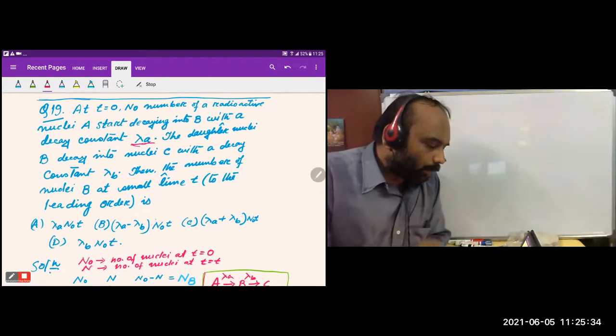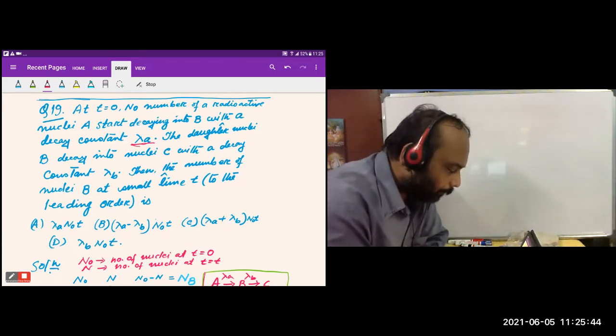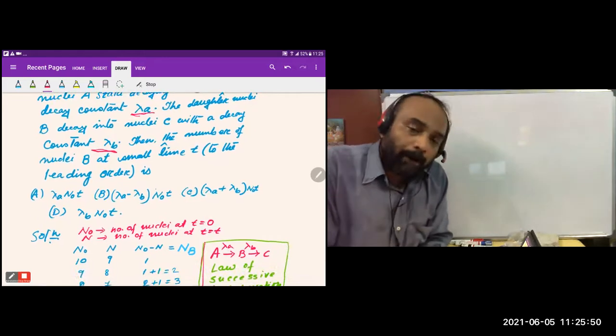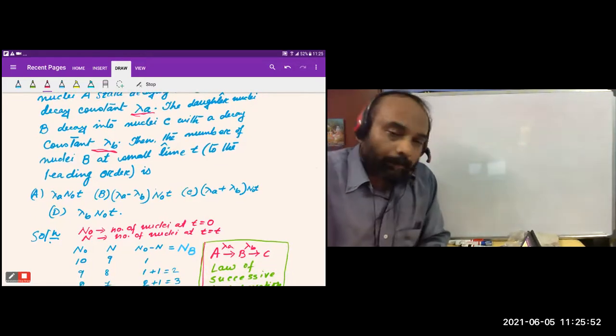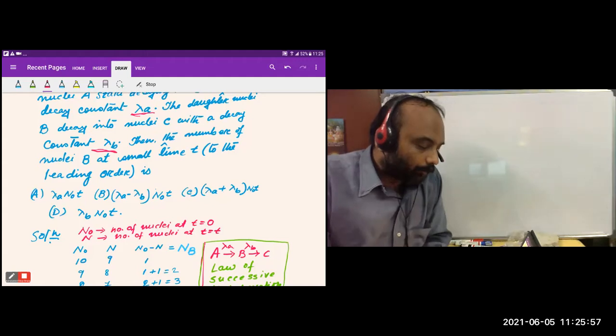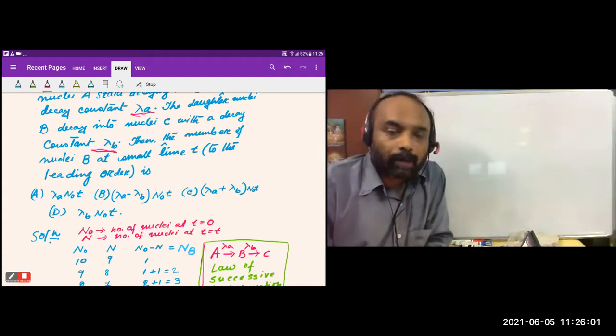The daughter nuclei B decays into another nuclei C with a decay constant lambda B. Then the number of nuclei B at a small time t to the leading order is, 4 options are given.